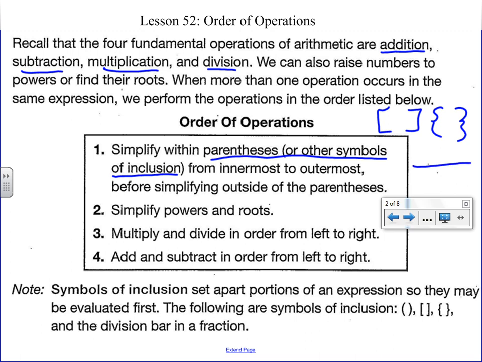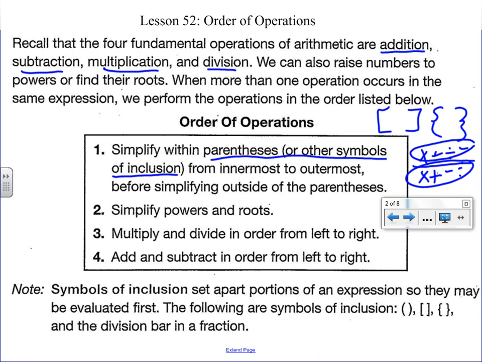Also, a fraction bar: if you have a bunch of stuff over one fraction bar and other things below, you do what's on top first and then the bottom. Okay, that fraction bar can also be considered a symbol of inclusion because it separates the top from the bottom. And you have to simplify the whole top and the whole bottom before you can do the division indicated by that fraction bar.